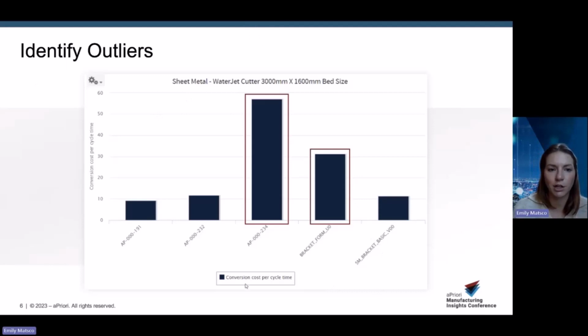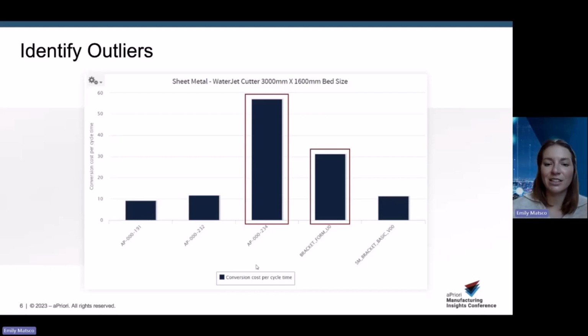And we have our conversion cost per cycle time, which is really just a ratio of the quoted cost minus material cost, divided by cycle time. You can immediately see these two are really strong outliers. What that means is the algorithm our supplier is using to quote this set of parts is not consistent, and we want it to be.